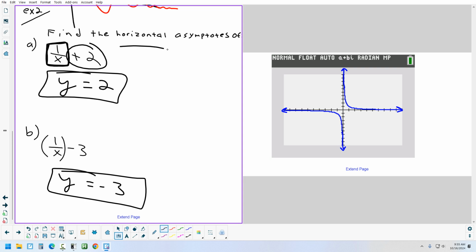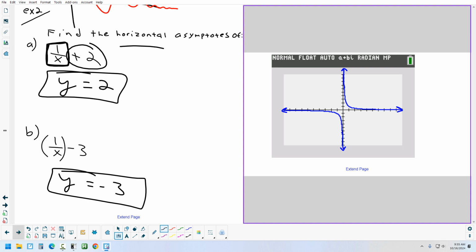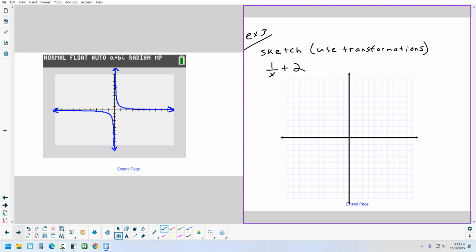Any questions on how we found the horizontal asymptotes there? That's going to be important when we get into sketching. If you wanted to sketch that, the first thing you do is sketch your horizontal asymptote. That's y equals 2.